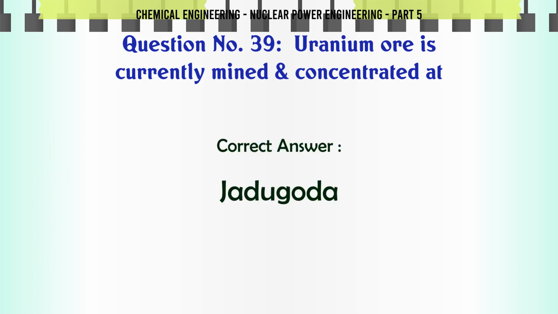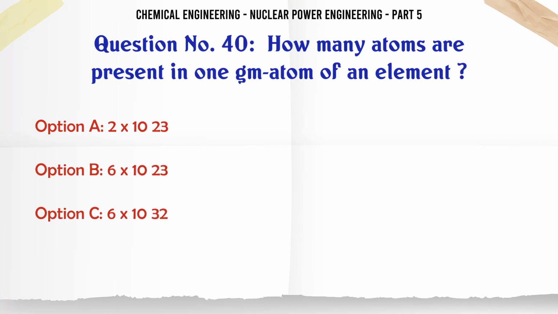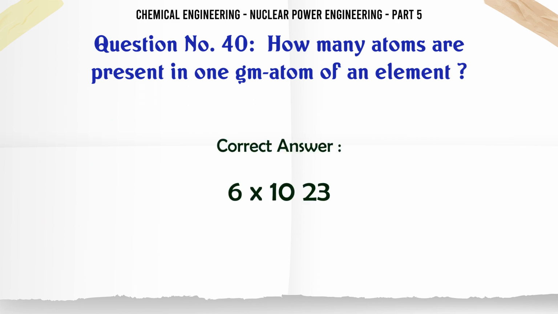The correct answer is Jadugola. How many atoms are present in 1 gm atom of an element? A. 2x10^23, B. 6x10^23, C. 6x10^32, D. 5x10^5.